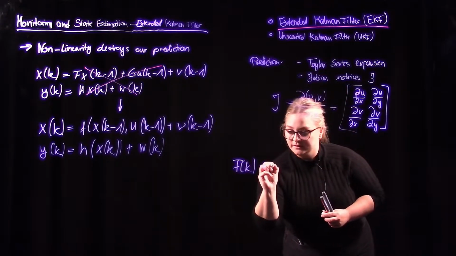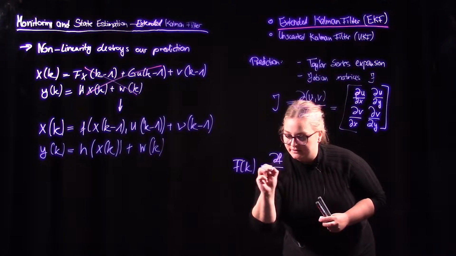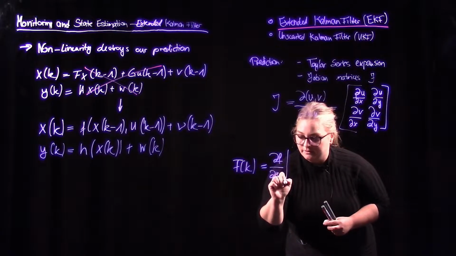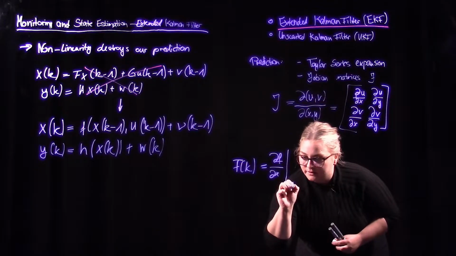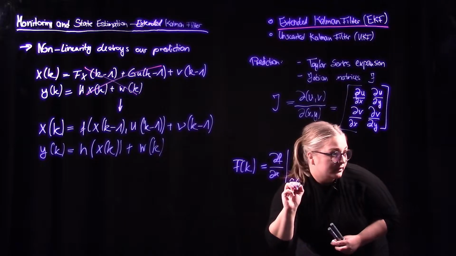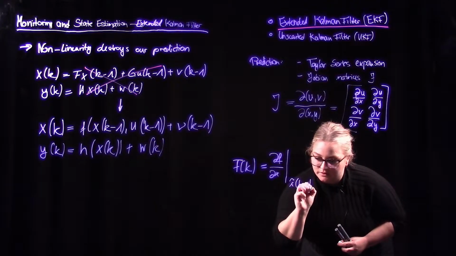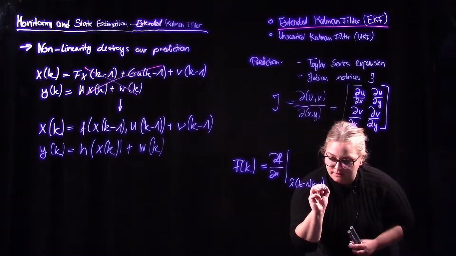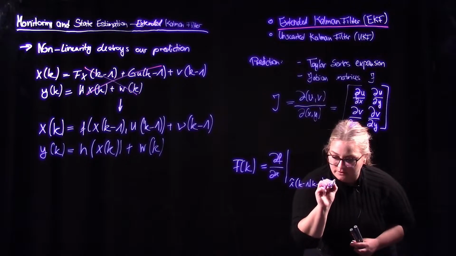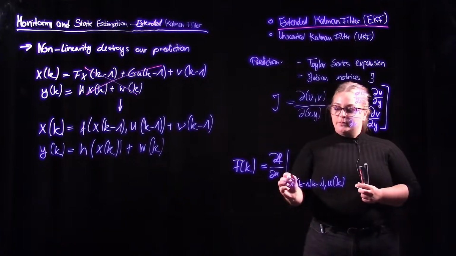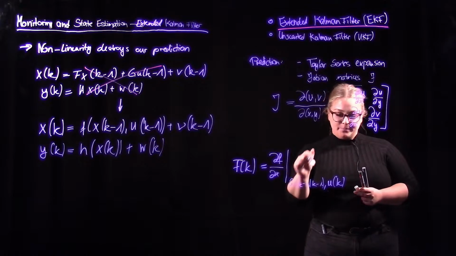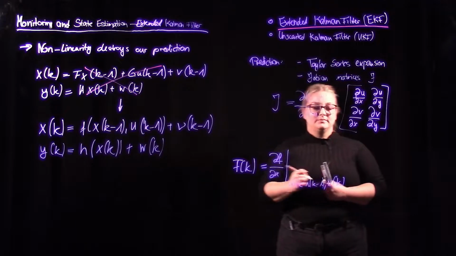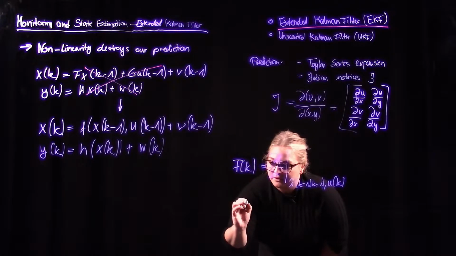We will calculate it as delta F over delta x, at k minus 1, k minus 1, and u from k. So we're looking at the estimated step and the current input for the state transition.